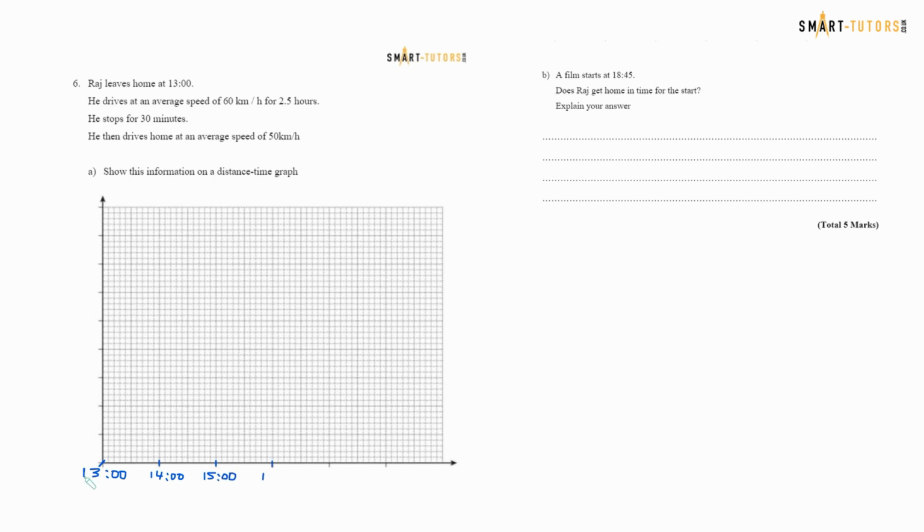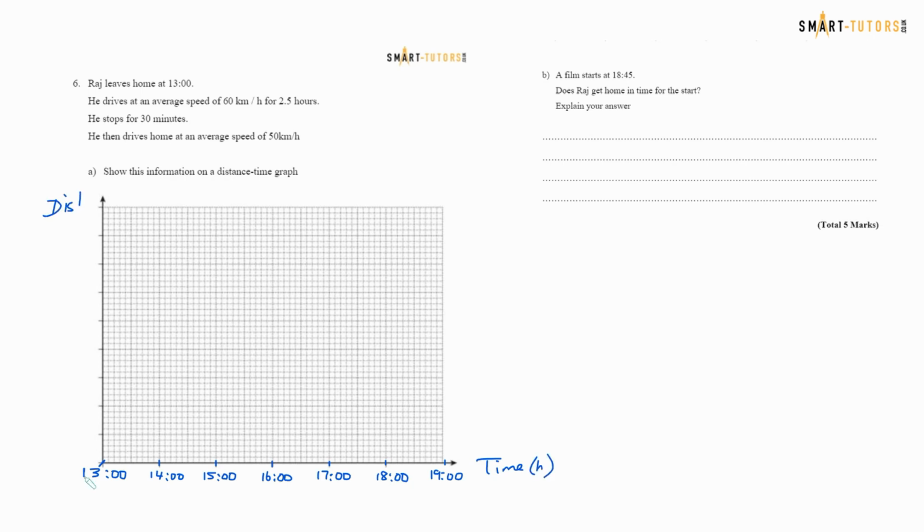And this is going to be 16:00. 17:00. Then 18:00 and 19:00. Right, so 13, 14, 15, 16, 17, 18, 19. So that's the timeline. So that's the time in hours, h, and the distance in kilometers.